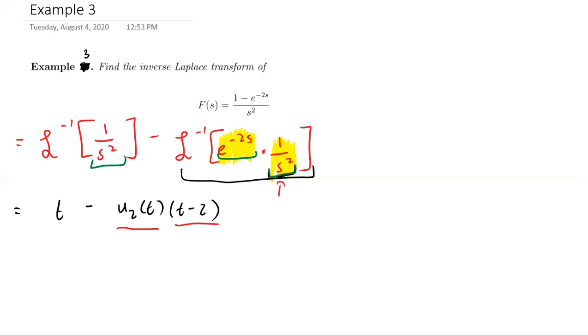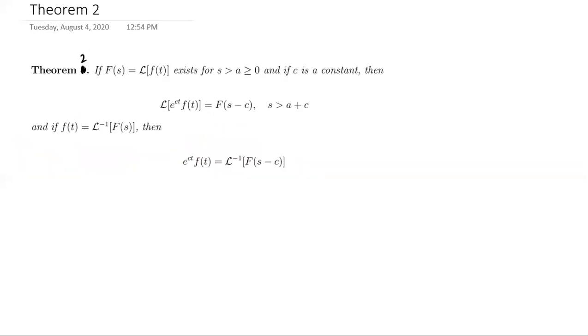Now, there's one more shifting property that I want to show you, and it's this one. Assume that the Laplace transform of a function f is big F of s, and that it exists for s greater than a, where a is greater than or equal to 0. And again, this a comes from the exponential order.